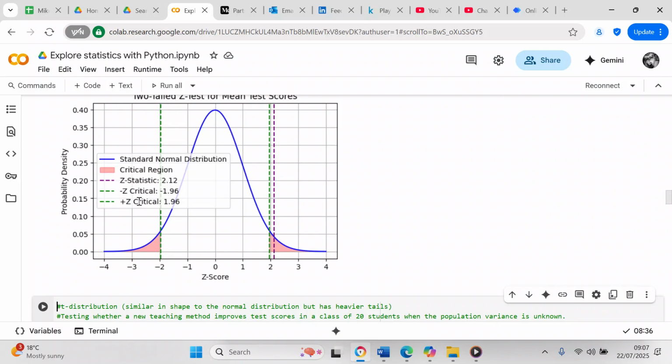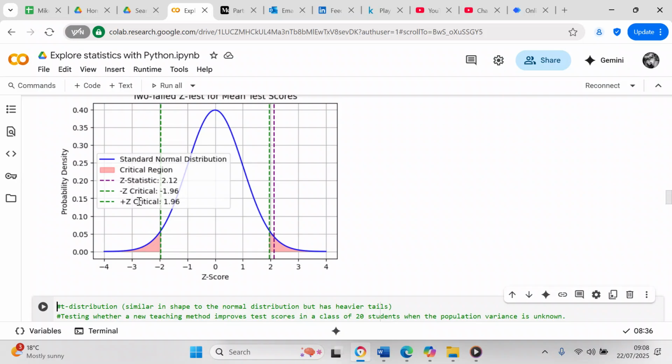And since the z-statistic is in the critical region, that means it does not fall within the confidence interval of the mean. The only thing that we're checking here is the critical region. We didn't actually check the confidence intervals, but you can see that the confidence interval is between the two green dashed lines, between negative 1.96 and positive 1.96.